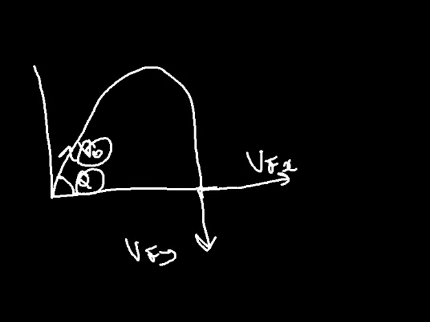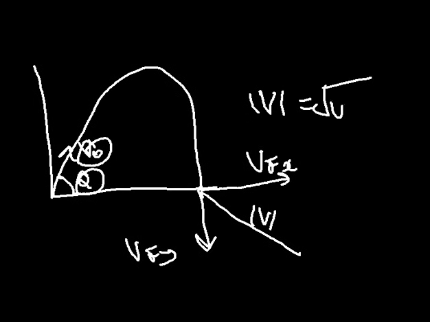We can find the magnitude of the landing speed, since we have the 2 components of the velocities. As we know from vectors, the magnitude is given as the square root of vfx squared plus vfy squared.